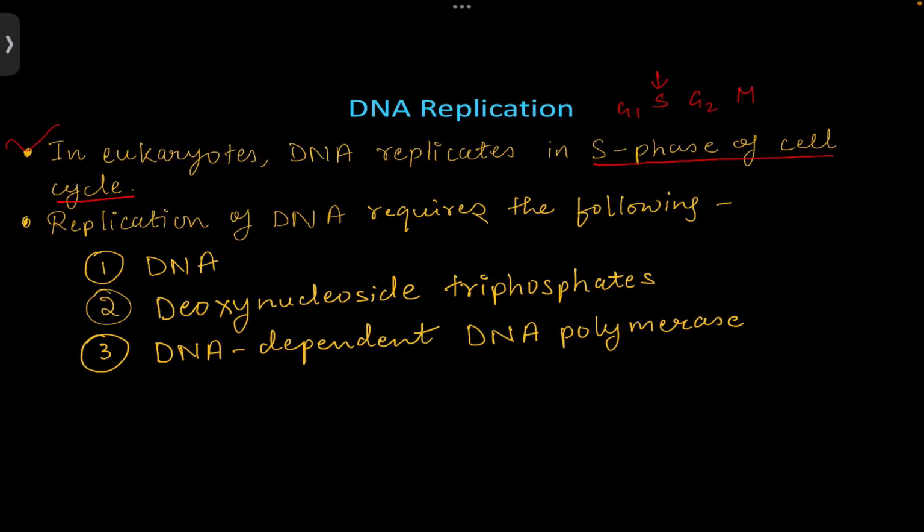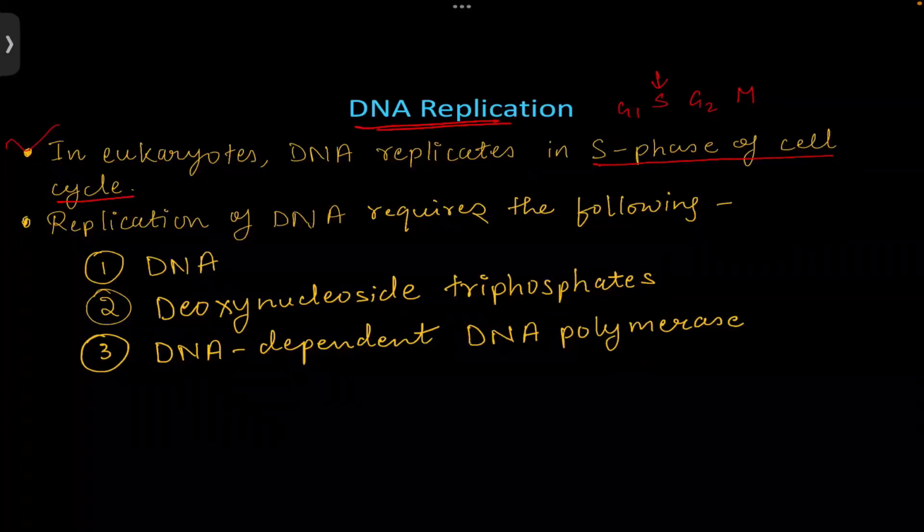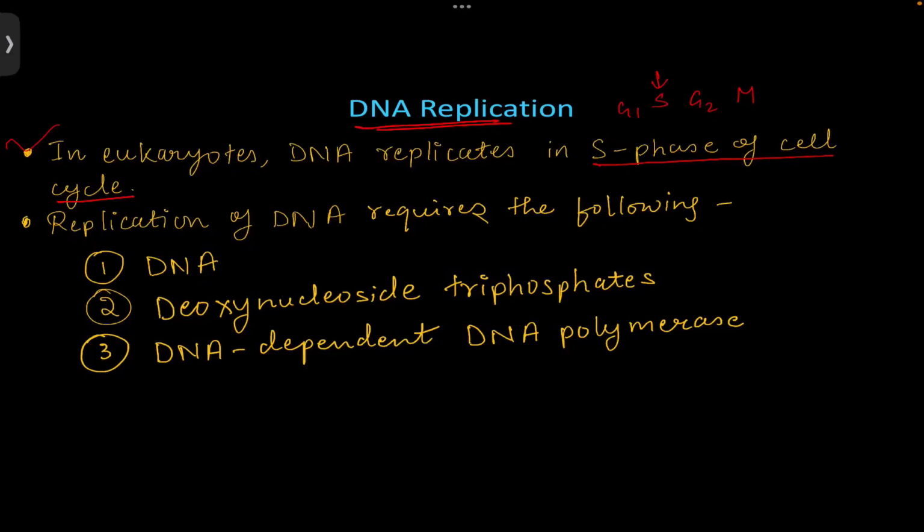So if there is n number of chromosomes, it becomes 2n. The content of the DNA becomes doubled. So how is it doubling? It is doubling because DNA replication happens in the S phase. So DNA replication always happens during S phase.